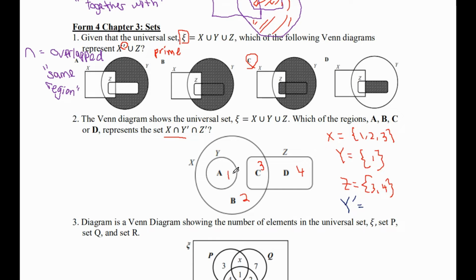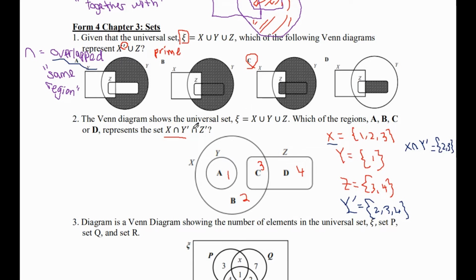So outside of y we have 2, 3, and 4. So for the first part, x intersect with y prime. Intersect means overlap. So what is the common number between x and y prime here? It is 2 and 3. So equals 2 and 3.